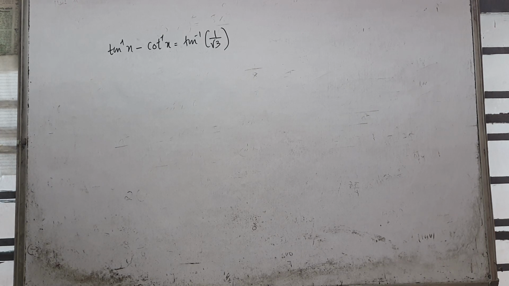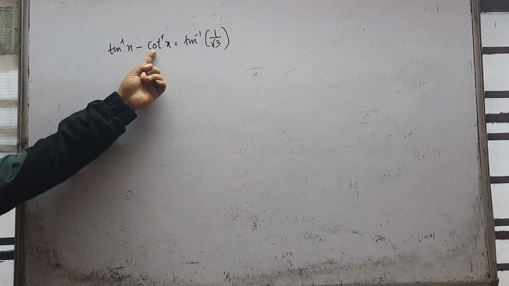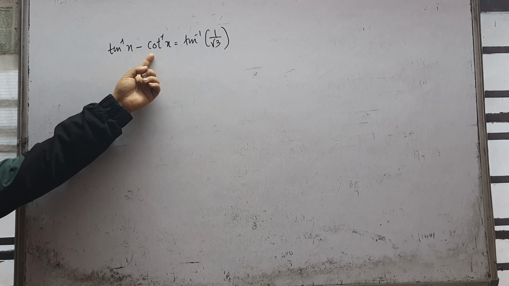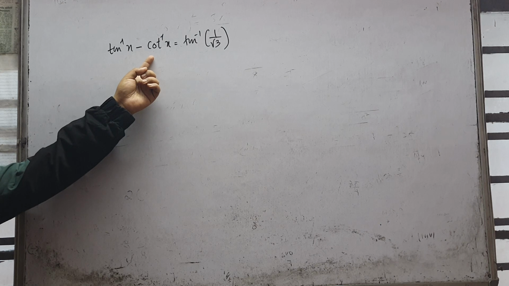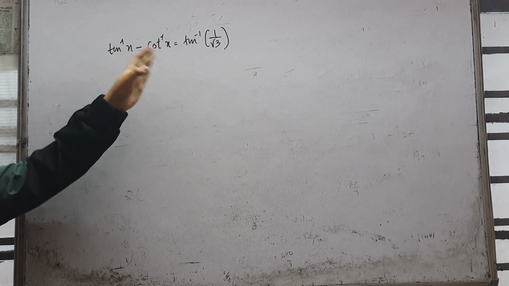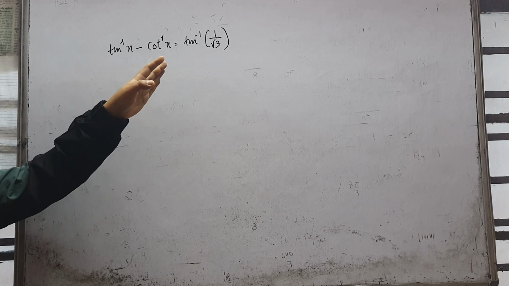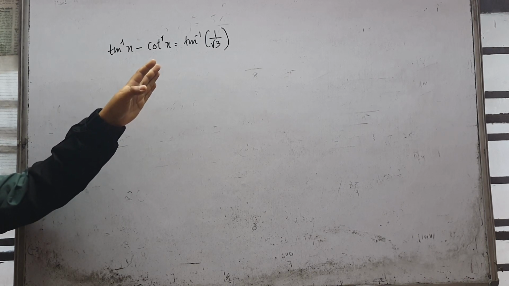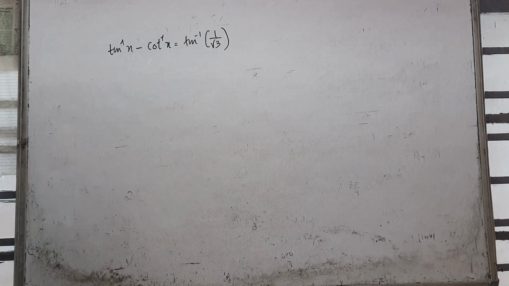One common mistake which students make is they convert cot into tan by reciprocal. They write cot inverse x as tan inverse 1 by x, then they use the formula. I'm not saying that you will not get the answer, but the solution will be very long. You have to understand the basics of an equation.